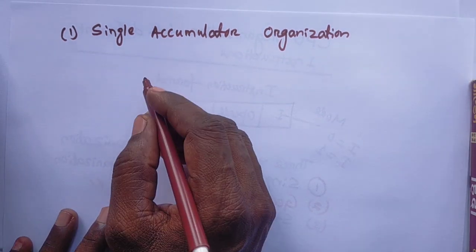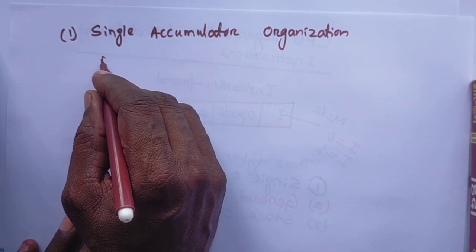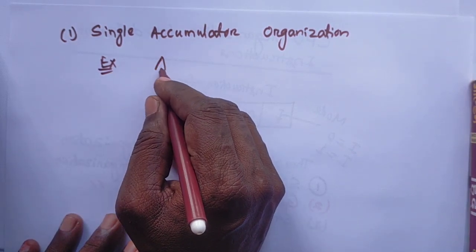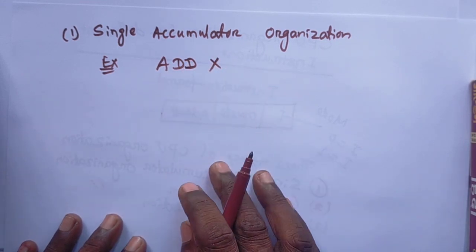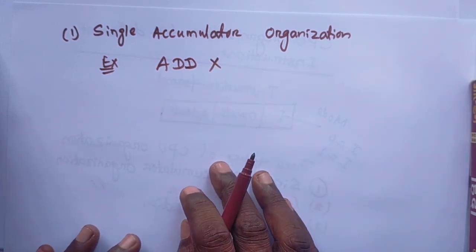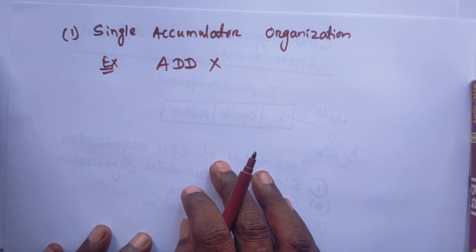For example, take add X. That means X contains the address of the operand.